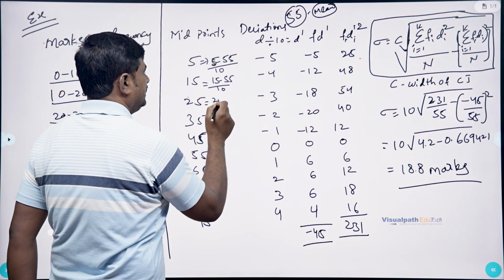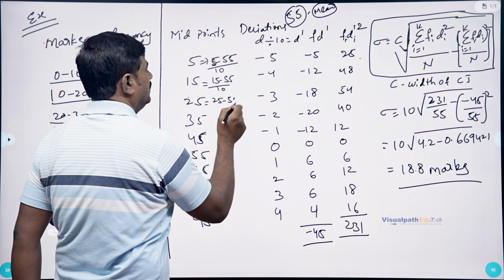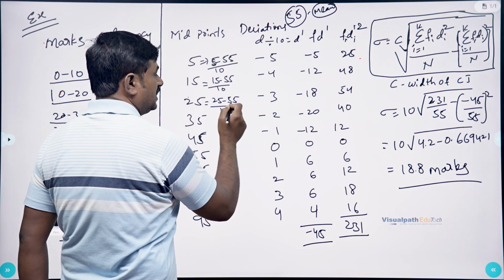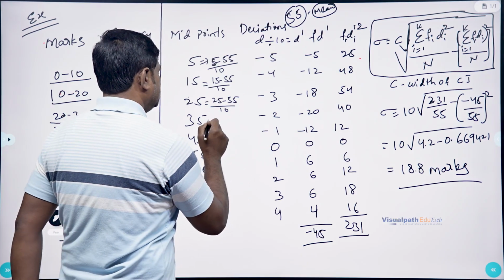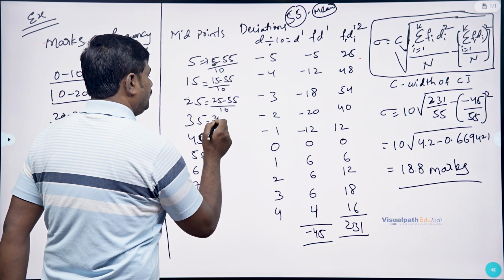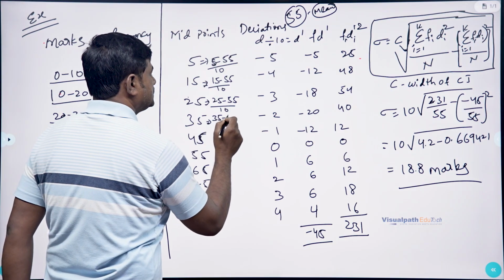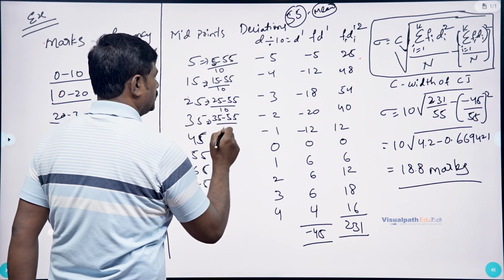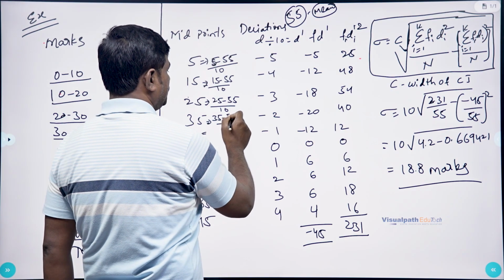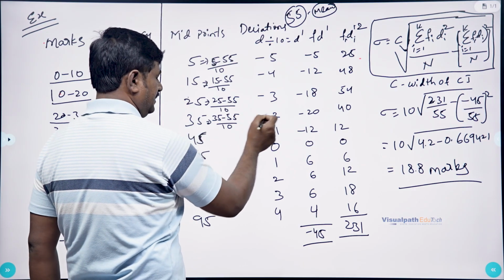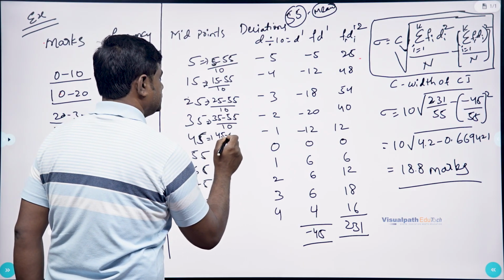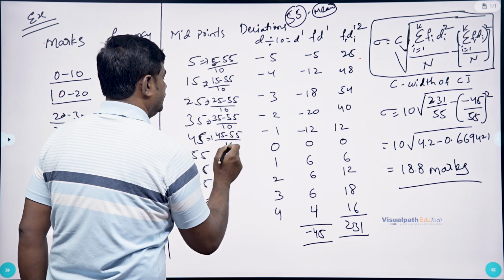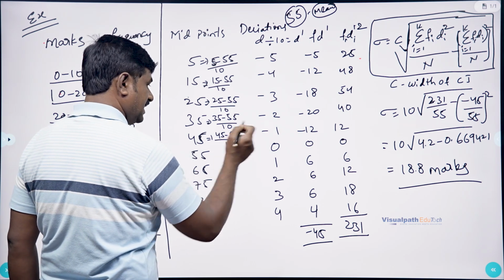Similarly, 25 minus 55 is minus 30 by 10, minus 3. Similarly, 35 minus 55 by 10, that is minus 20 by 10, that is minus 2. Here 45 minus 55 by 10, that is minus 10 by 10, minus 1.